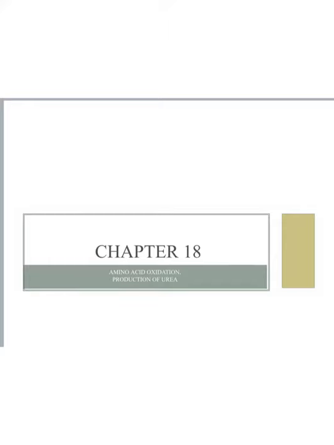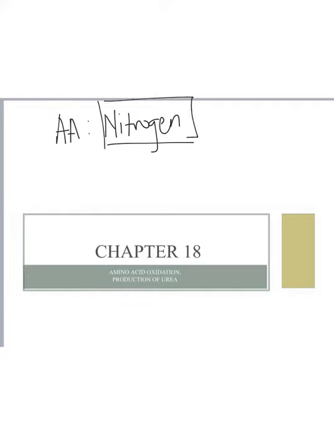So when we break down amino acids, the key or the problem is the nitrogen in the amino acids. So nitrogen is a special thing within our cells that we have to be able to process in a way that it does not develop into a toxicity or a toxic substance in our cells.